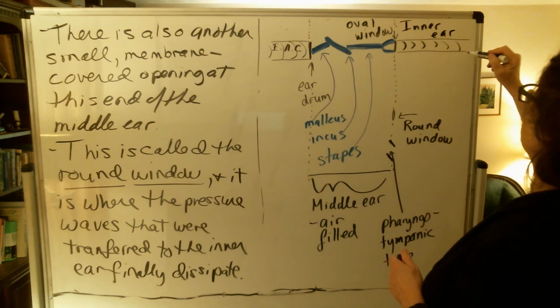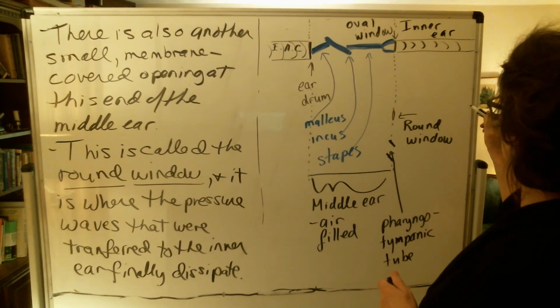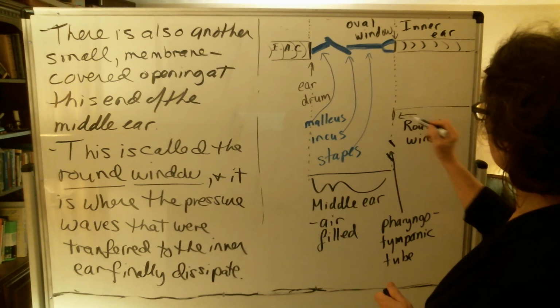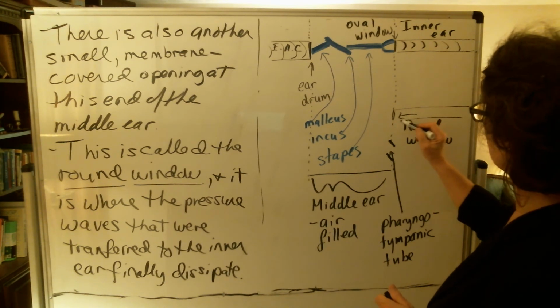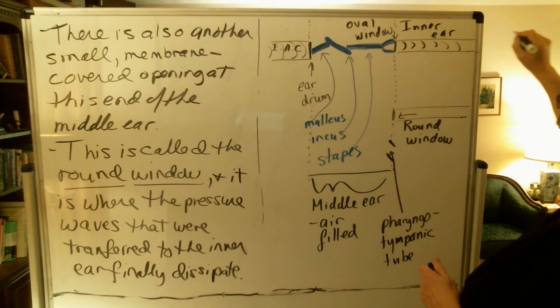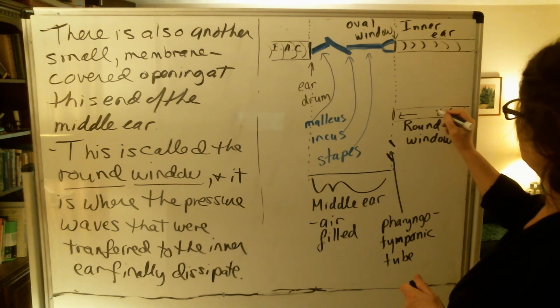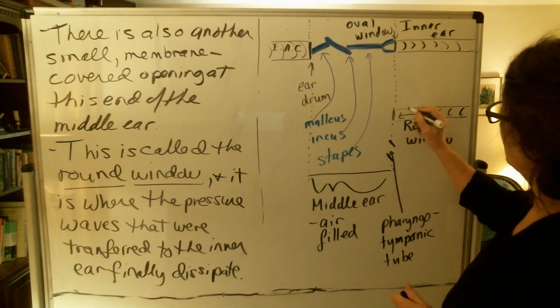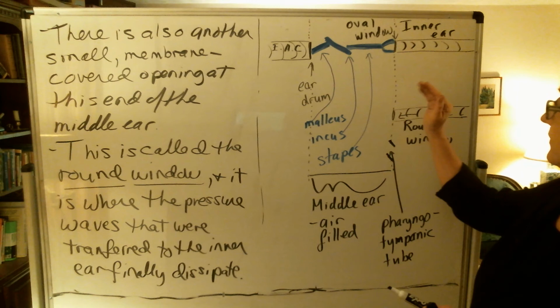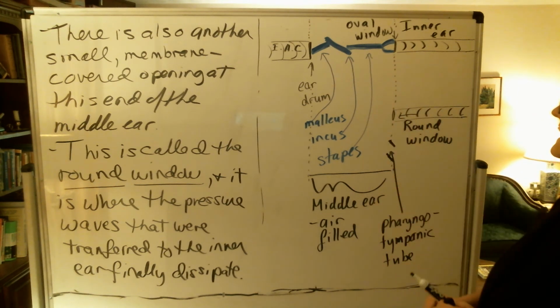And there is a very long tube, and I will get into that in another lecture. And that tube eventually comes along here, and these pressure waves have come all the way around. Here they are, and they make this little membrane covered hole vibrate in and out.